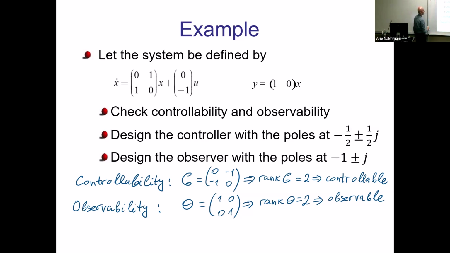The A matrix. Okay. And the B matrix was... C matrix was 0, minus 1. Okay. That's what it was supposed to be. Yes, I got it.